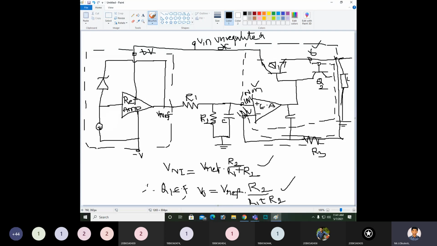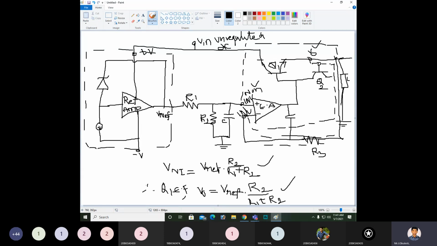This makes the output of the error amplifier more positive, thereby driving Q1 more into conduction. If the Q1 transistor goes into conduction, then only will we get the more positive output from the error amplifier.